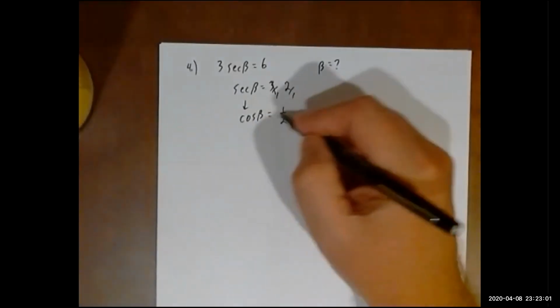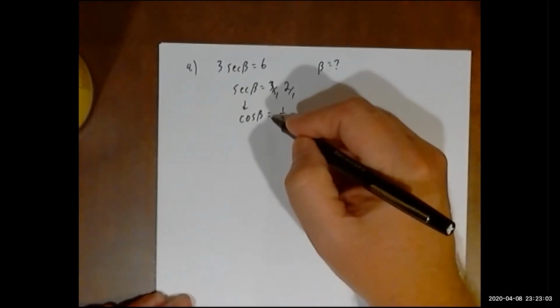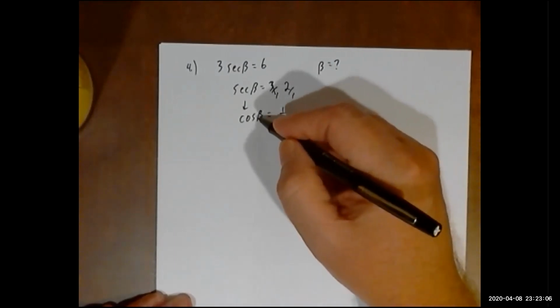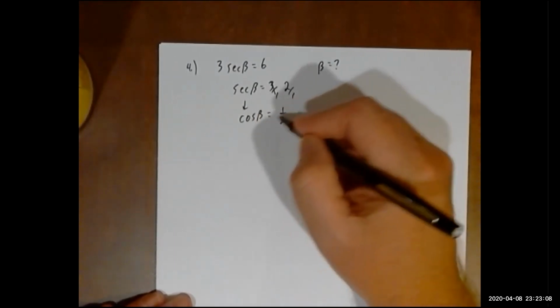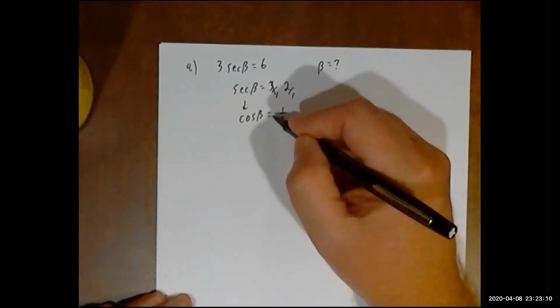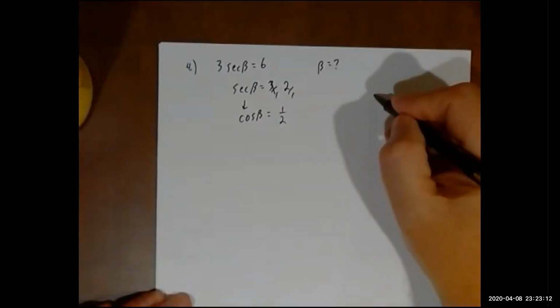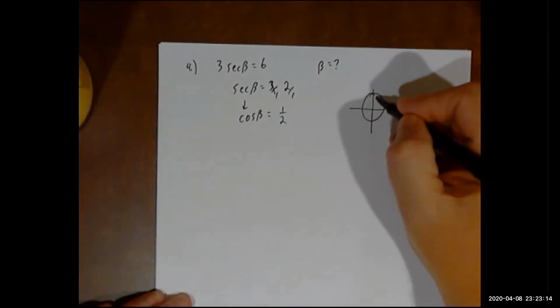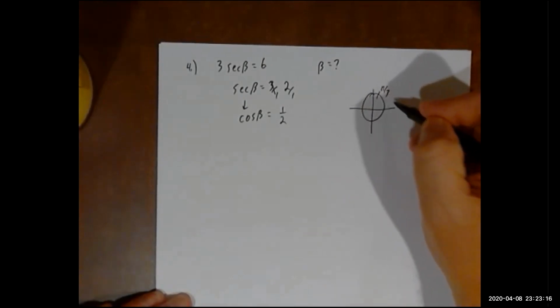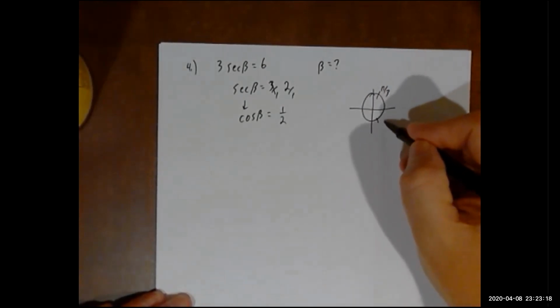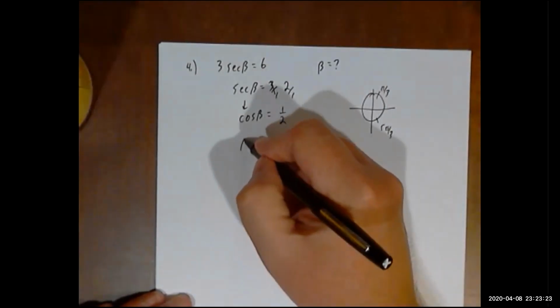So now it becomes pretty straightforward. What's the angle where the cosine's 1/2? It's back up here at pi over 3, and positive cosine is quadrant 4, and this is actually 5 pi over 3.